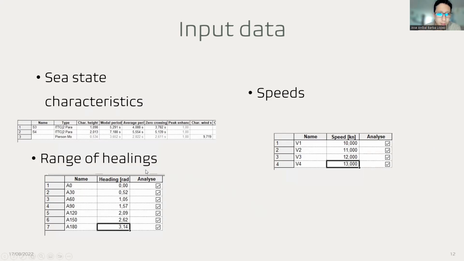We define for stage 3 or stage 4 this information, which is obtained in the PMA of volume 3, and the range of heeling is defined from 0 to 118.